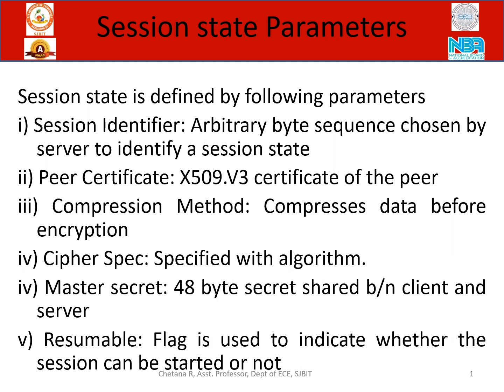So with respect to session state in the record protocol, we'll see what the different parameters associated with the individual session state are, followed by the connection state. Session state is defined by five parameters. The first is the session identifier.